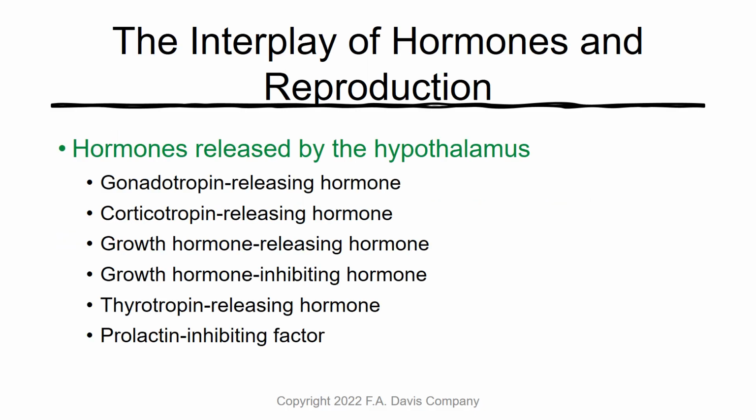The interplay of hormones and reproduction. So hormones are released by the hypothalamus, and these stimulate the release of other hormones. And we're going to just briefly talk about some of these. You can look at page 33 where it talks about all these different hormones.